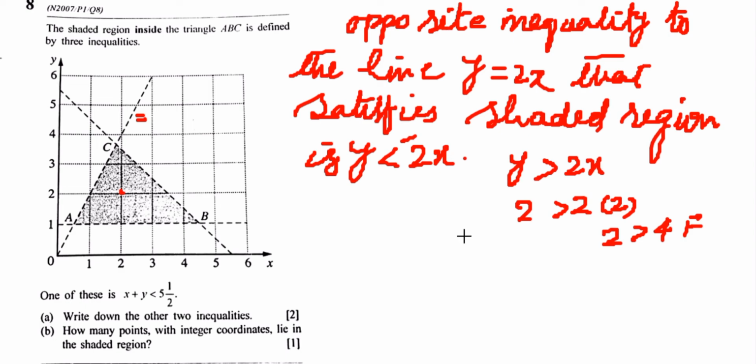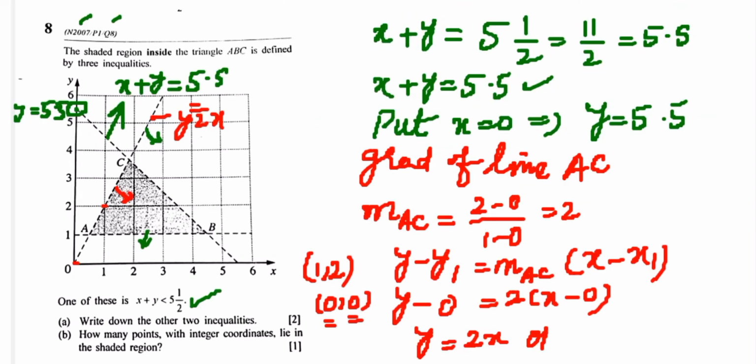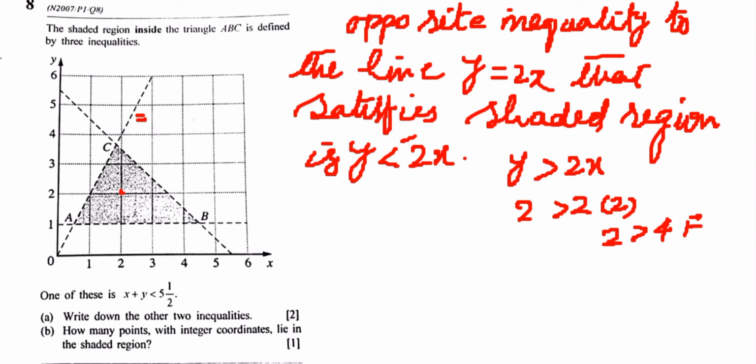One of the lines was given, that is x plus y is equal to 5.5. This is already given. The next remaining line is the horizontal line here. This is our next line. If you see here, this line y is equal to 1, this line is the last line.